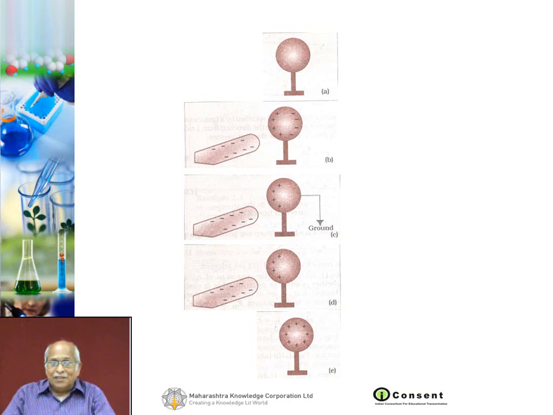What happens due to this? The free electrons on the opposite surface will quickly move to the ground, will quickly move to the earth. प्लास्टिक रॉड पासून लांब असलेल्या सरफेसवरचे ज्यादा इलेक्ट्रॉन्स हे जमिनीकडे निघून जातील.